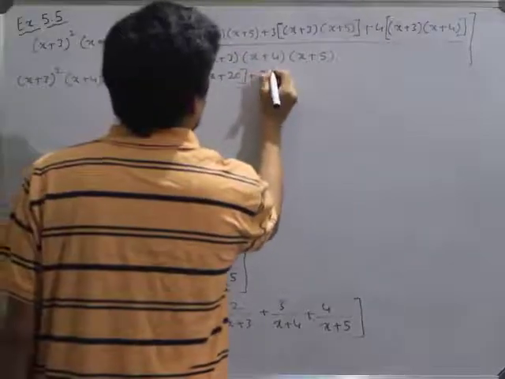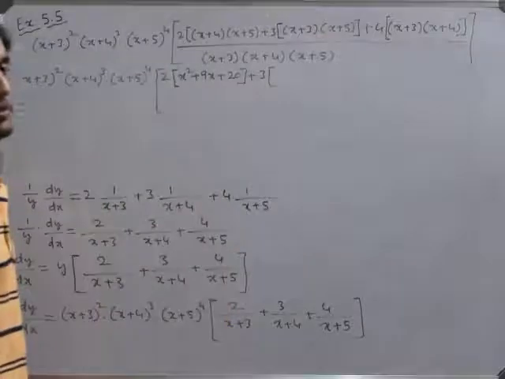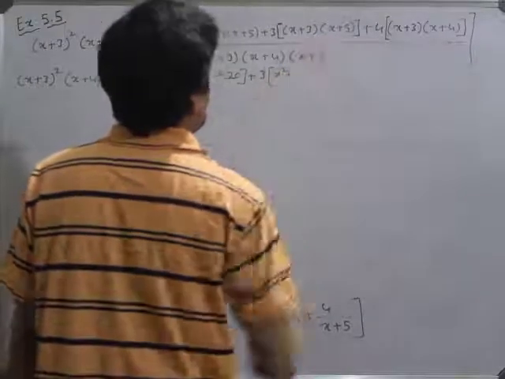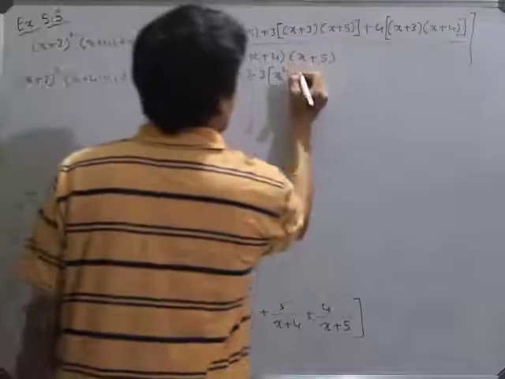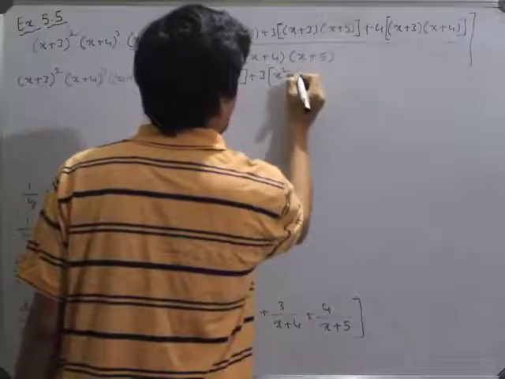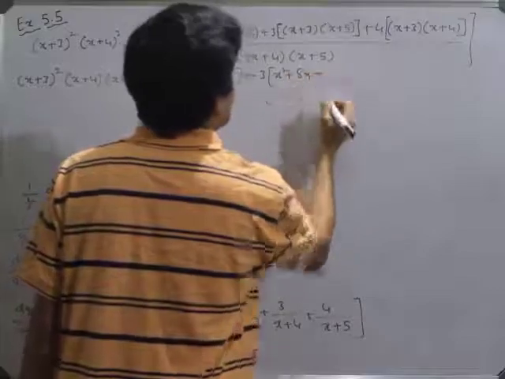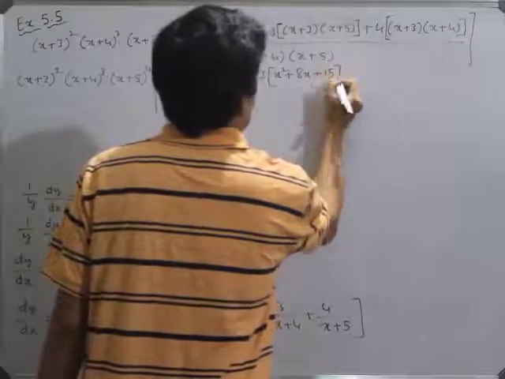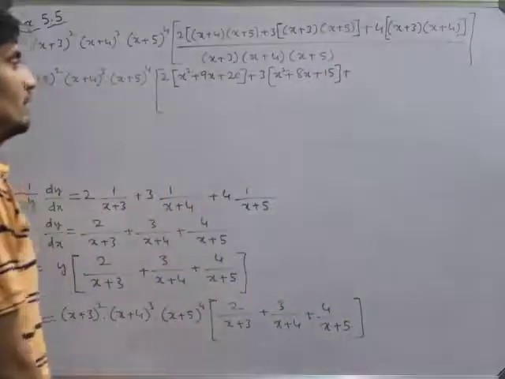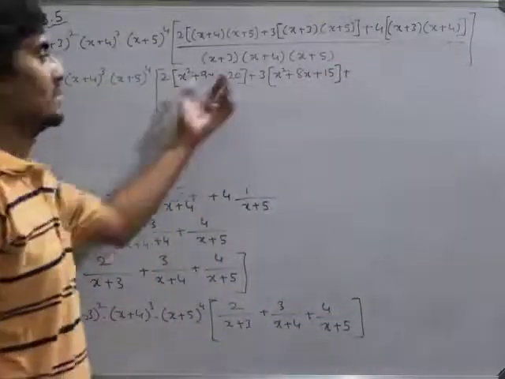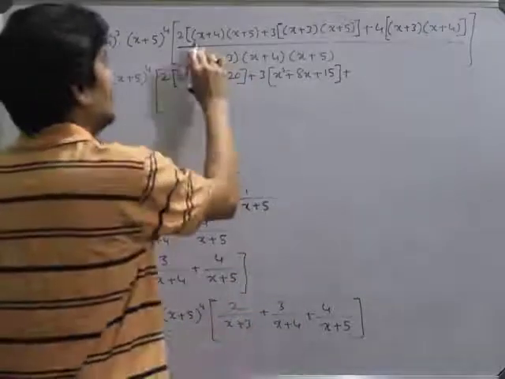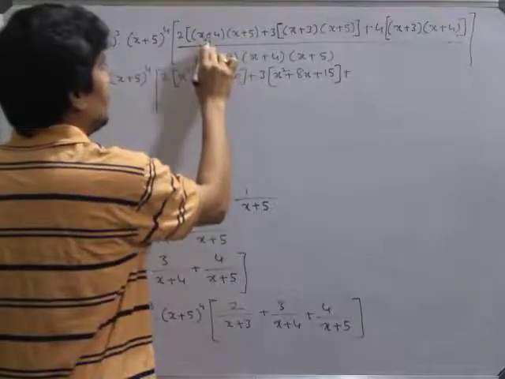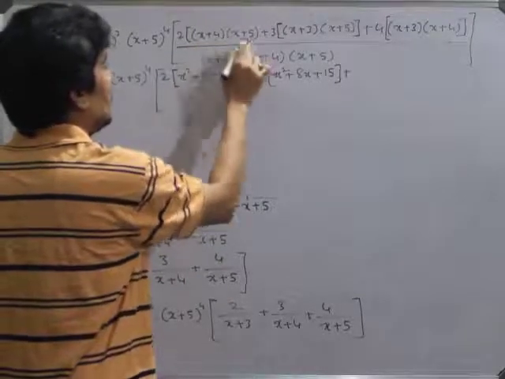Plus 3 into, again use the formula (x+a)(x+b): x^2 plus (a+b) times x. That is 8x, 3 plus 5 is 8, 8x plus ab, 5 into 3 is 15. So memorize the formula so that it will be very easy for you. It will save a lot of time in your examination. Otherwise, you have to multiply each term: x into x^2, x into 5 is 5x, plus 4 into x is 4x, plus 4 into 5 is 20.